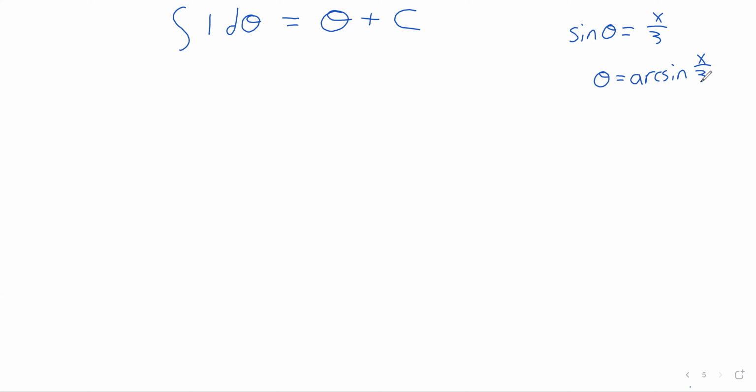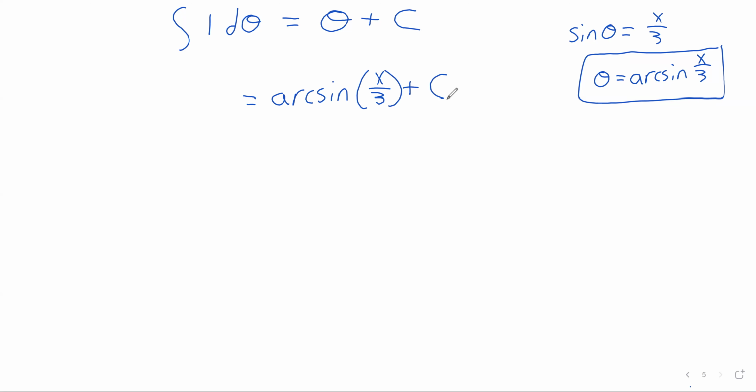The sine and the arc sine only cancel if our input is in certain intervals. That all turns out to always happen. It's not something we need to worry about. So the integral is theta plus c. Theta is the arc sine of x over 3. And there's the integral.